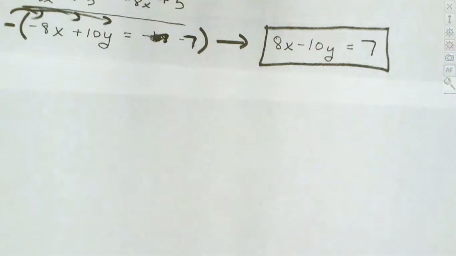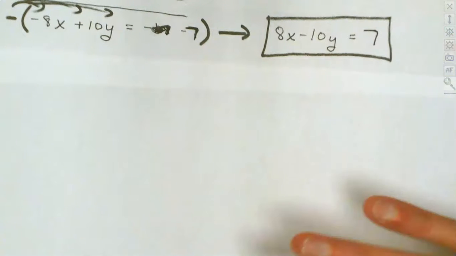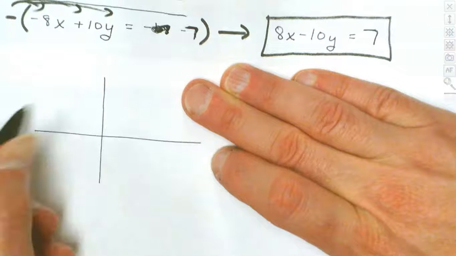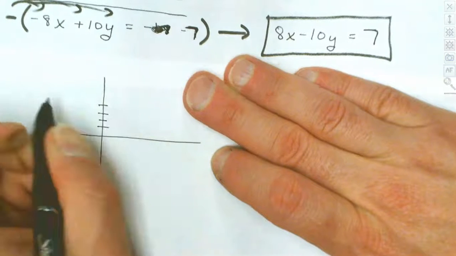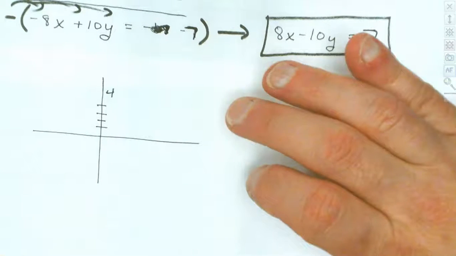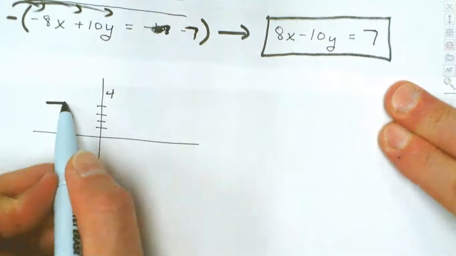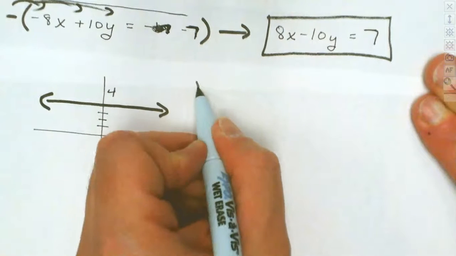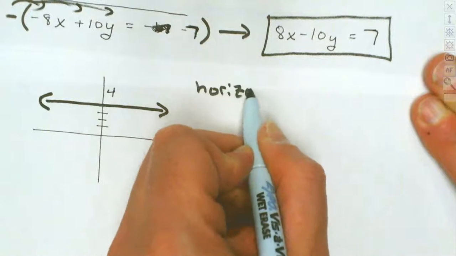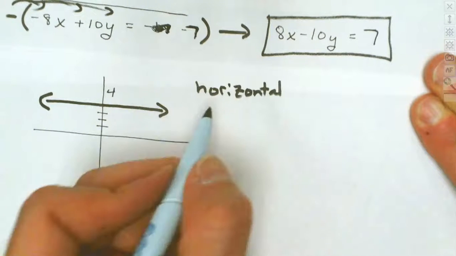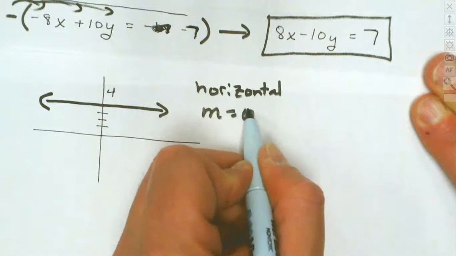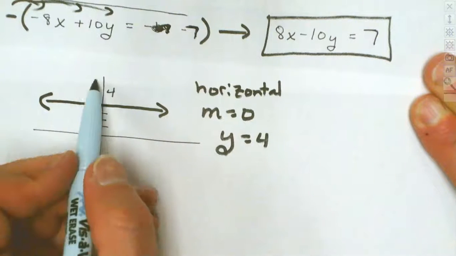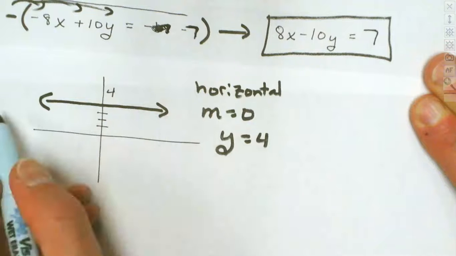What about vertical and horizontal? If I give you a horizontal line like this, so this one's horizontal, my slope is 0, and my equation is y equals 4, because it crosses the y-axis, and it's a horizontal line at 4.